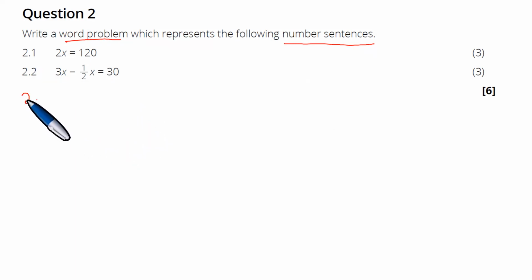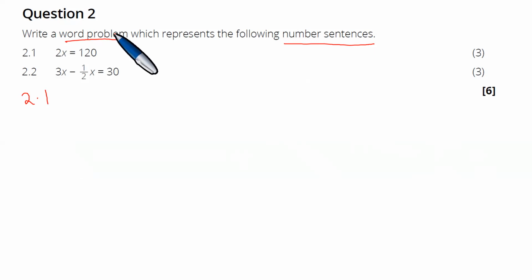All right, that's fine. We are practicing here. Okay, sorry, it's not a wrestling match. It's not WWE, SmackDown or anything like that, right? So in 2.1, we are really saying write a word problem which represents the following number sentences. We must convert this one into words. And that is called a word problem.